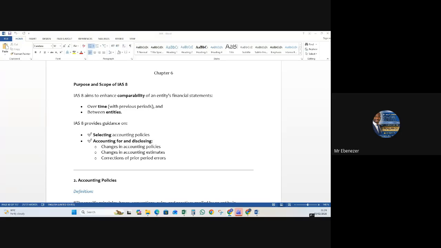So if you have a singular policy and you are not changing it, that means you can compare what you did this year to what you did in the previous years. So you can compare your financial statement over a period of time, and also you can compare your financial statement with another financial statement.